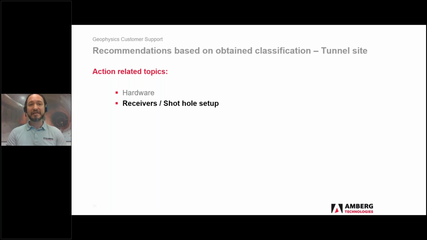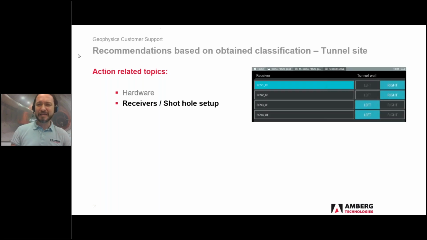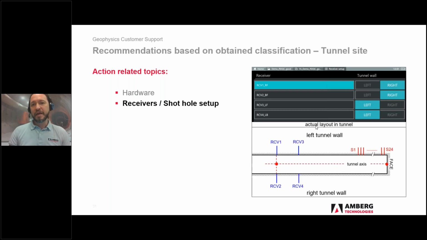Another situation is the receiver and shot hole setup. For instance, you see here, this is in the Amberg acquisition software. The user in this case says, okay, receivers 1 and 2 are on the right-hand side of the tunnel wall, receivers 3 and 4 on the left. But I will show you now the actual layout in the tunnel: receivers 1 and 3 were on the left-hand side, and receivers 2 and 4 on the right.